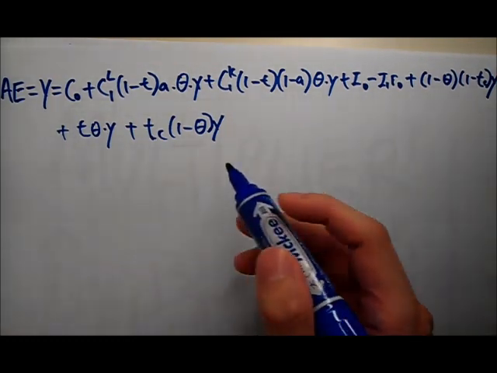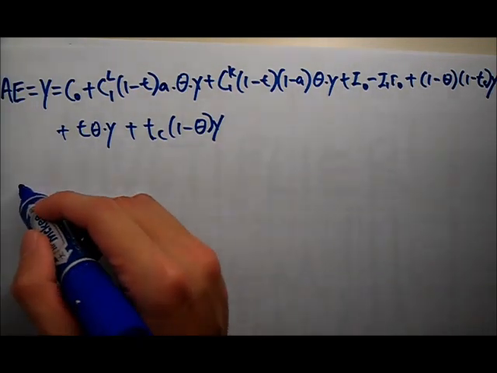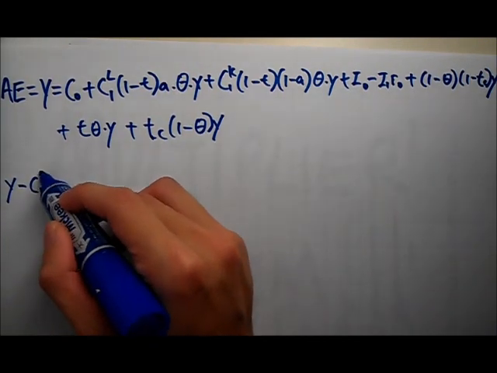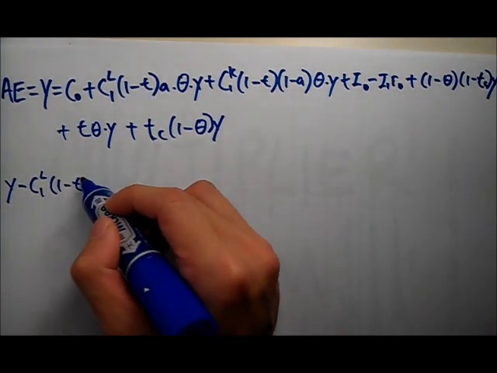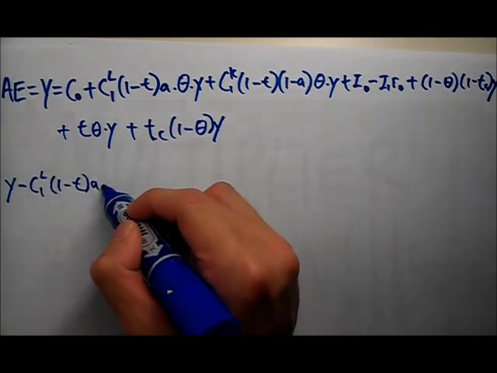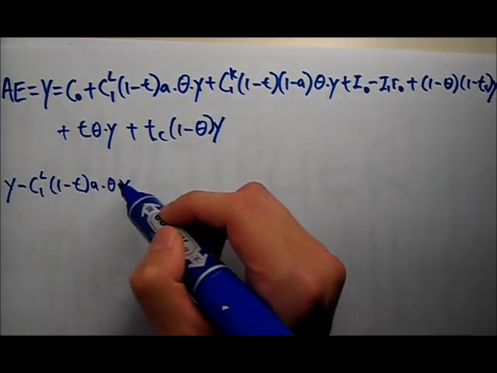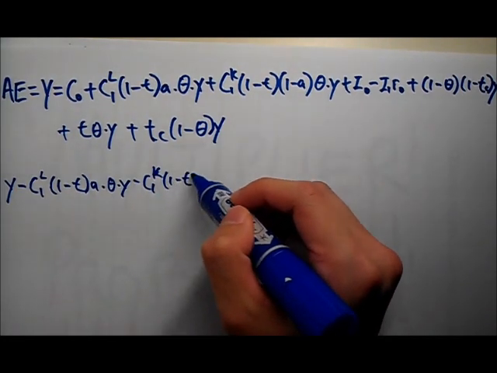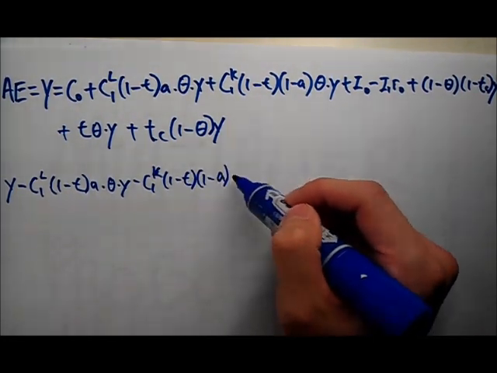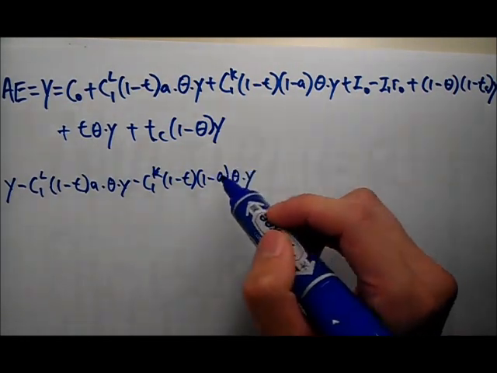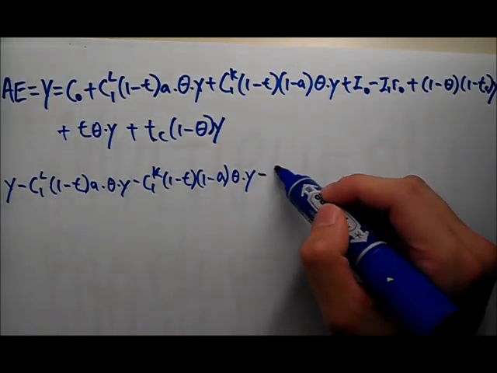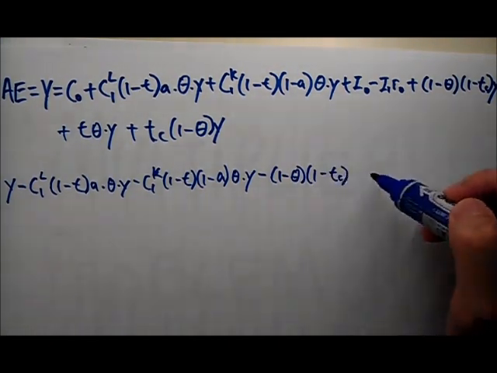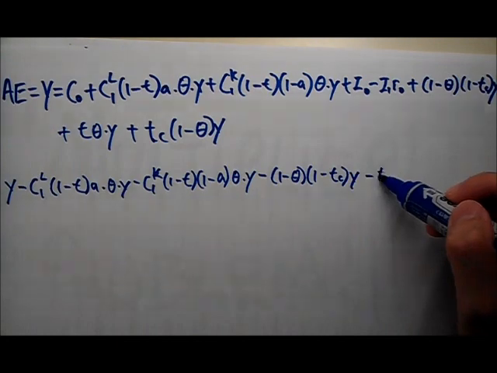Now we're going to move all the y components to the left side. Because there are so many components and the AE equation is going to be very long, we're going to isolate all the components that have y in the equation to the left hand side, and then remove everything and just replace it by A. This is going to make our lives easier for sure.